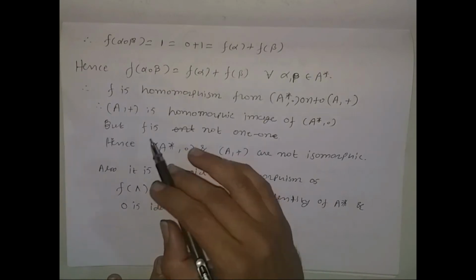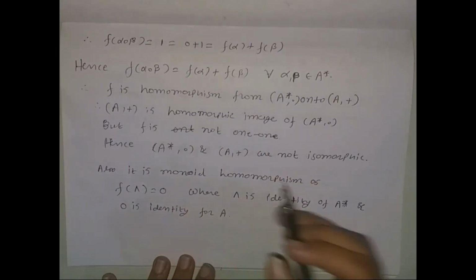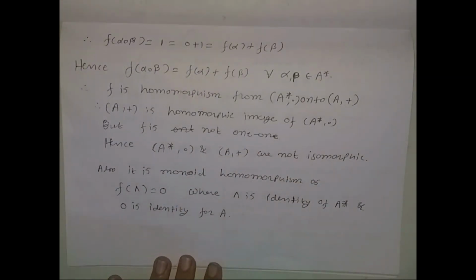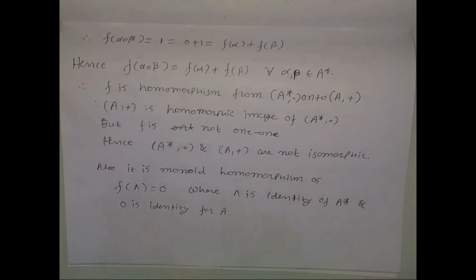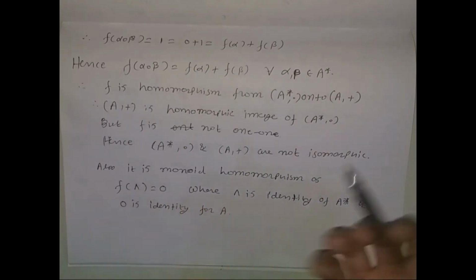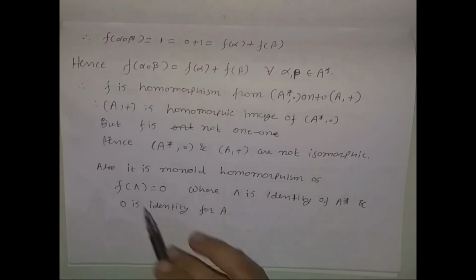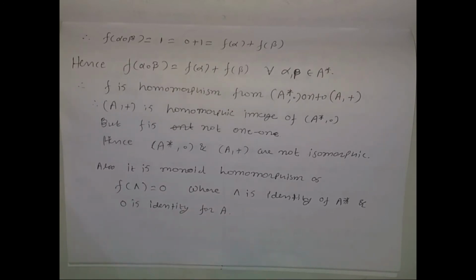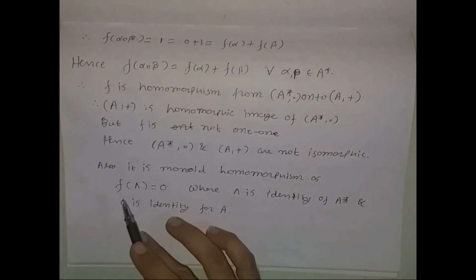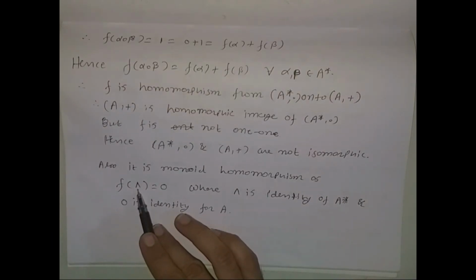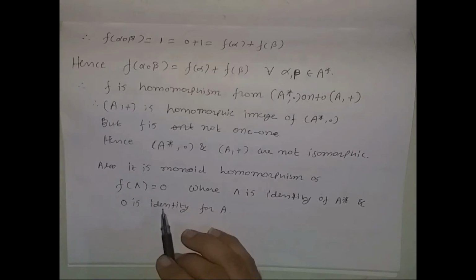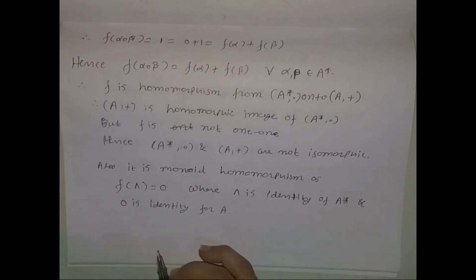Now again, f is not 1-1, so f is not an isomorphism, so A star and A are not isomorphic. Also it is a monoid homomorphism. If we consider the empty sequence, the number of ones in the empty sequence is 0, and 0 is an even number, so f of empty capital lambda is equal to 0.